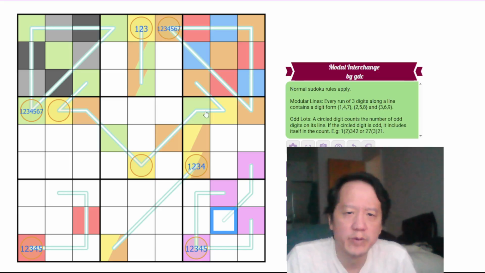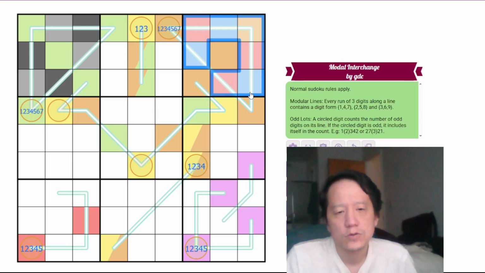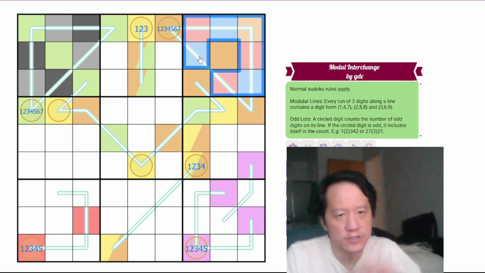What's the minimum amount here? So the minimum here would be 3 odd digits, right?